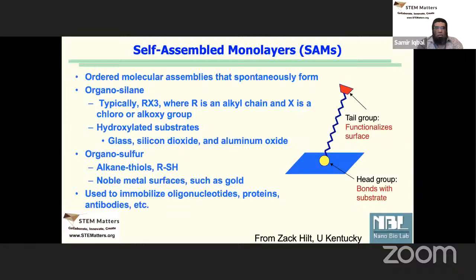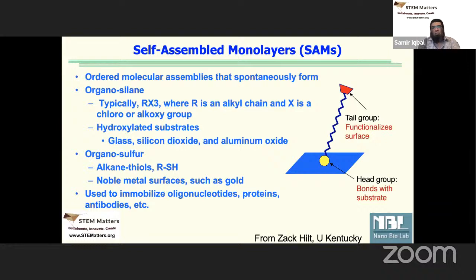And then we put some alkyl chain, which is a carbon chain. Now, a simple example with gold is a thiol. The thiol has a sulfur hydryl group, SH, and this can bind to gold.